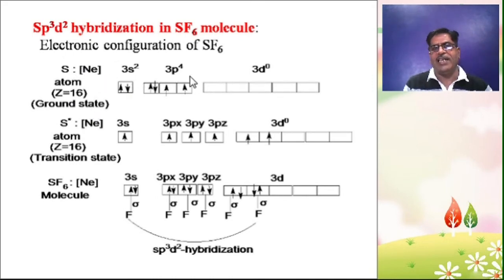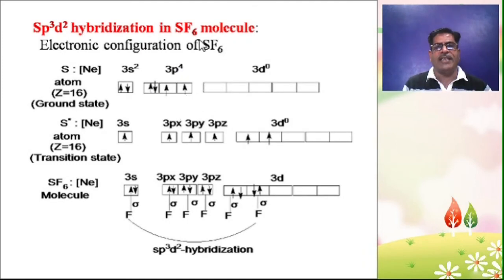The valence shell is neon 3s 3p and 3d, with 16 electrons in total: neon 3s2 3p4 3d0 is the ground state electronic configuration of sulfur. In the ground state, the sulfur atom has 2 paired electrons and 2 unpaired electrons, so normally sulfur will form only 2 bonds, since only 2 unpaired electrons are available.